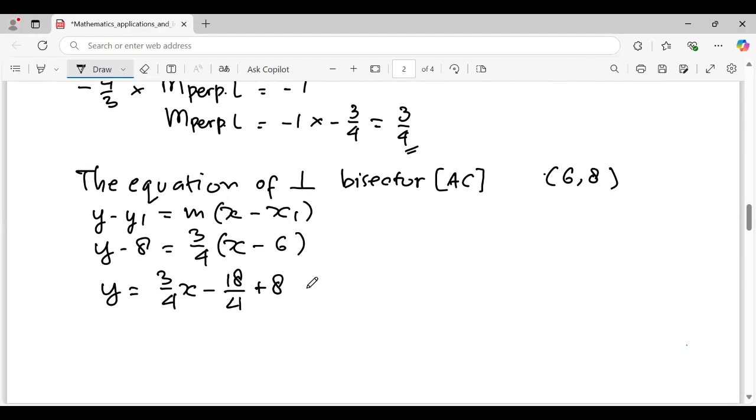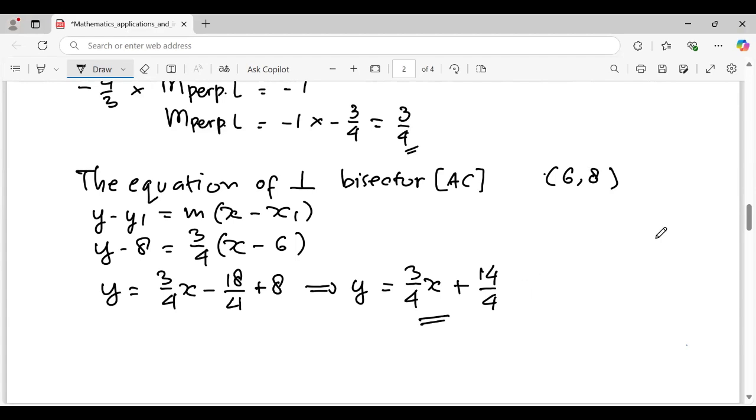So y equals 3 quarters x plus 14 quarters, 32 minus 18 is 14. This is the equation of the perpendicular bisector of AC.